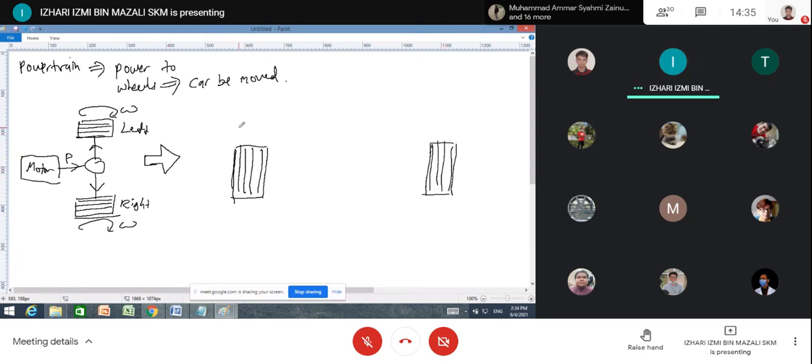This is the left, and this is the right. Right here, left here. I think I need to change this to make it consistent with the figure. Right, so now you view it from the front, and you have this.